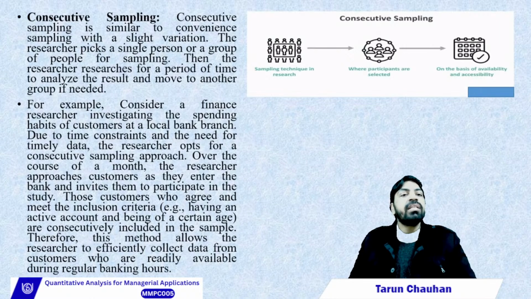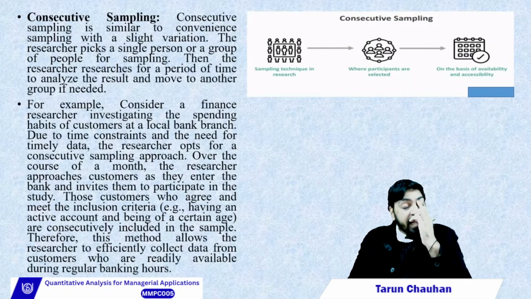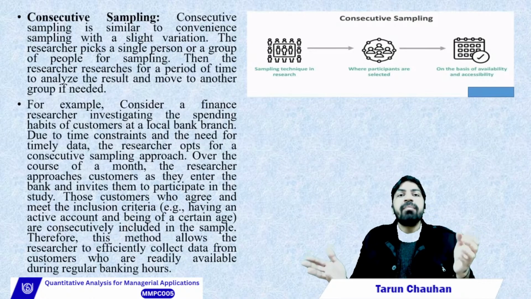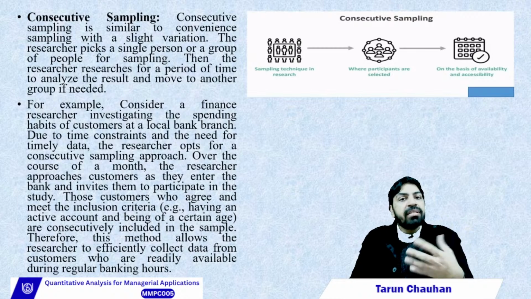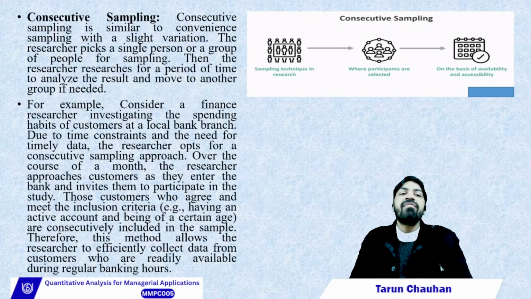In this case, the researcher picks a single person or a group of people for the sampling purpose, researches for a period of time to analyze the result, and moves to another group if needed. Let's take an example. A finance researcher is investigating the spending habits of customers at a local bank branch.